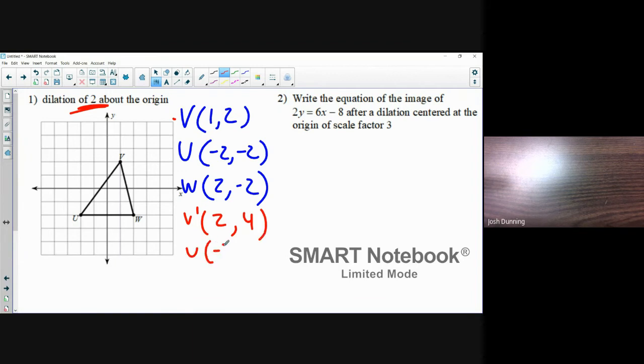U, negative 4, you just multiply. W, 4, negative 4. So here's 2, 4 for V prime. And then U prime, negative 4. And then W is 4, negative 4. W prime.